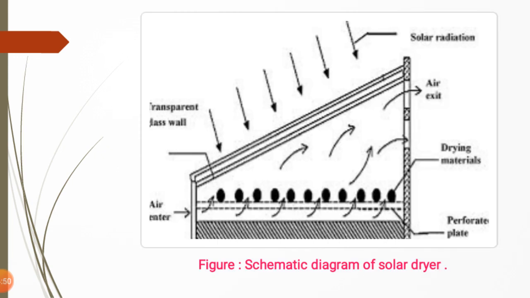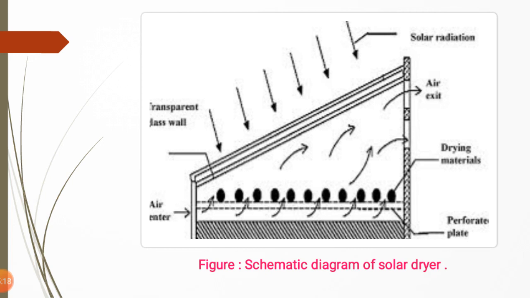This is the schematic diagram of the solar dryer. There is a base part which provides insulation. That means not perfect insulation, but a part where the air can easily enter.